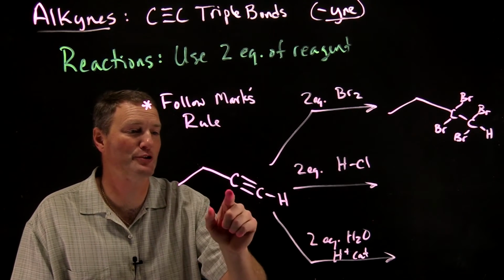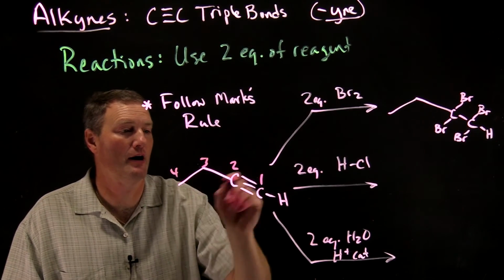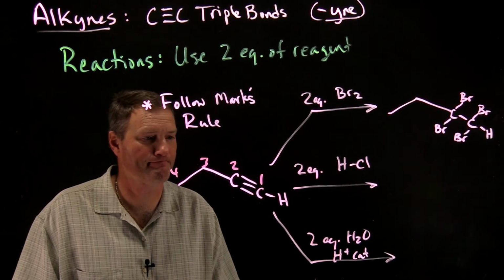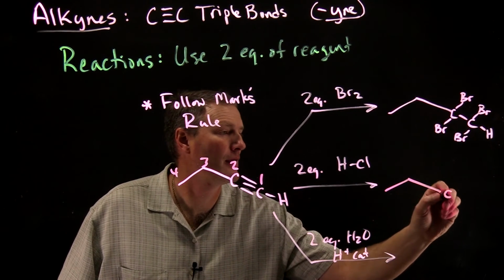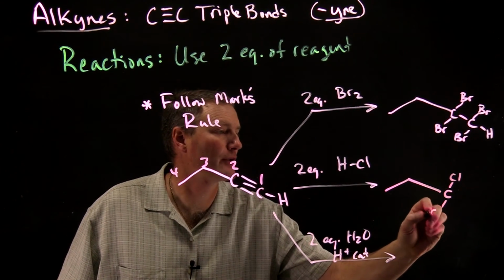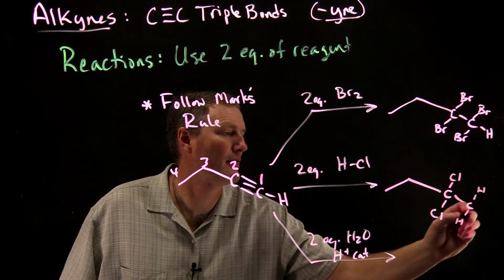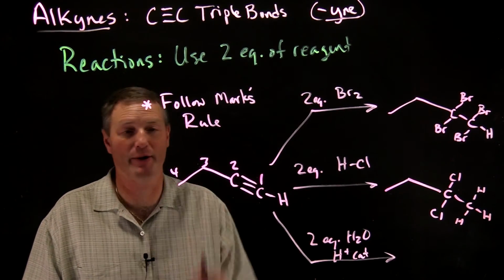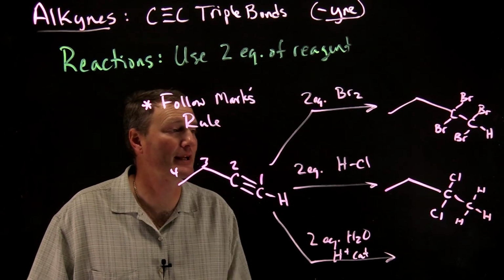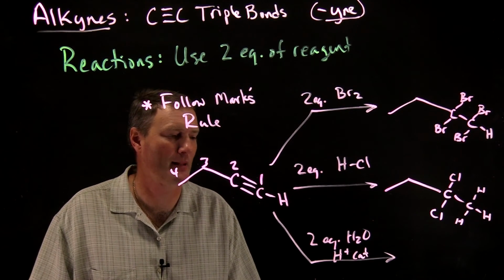So the X group should add to the 2 position of our 1-butyne. Let's draw out the structure then. In this case, my chlorines are both going to add to the carbon that is more substituted in my original compound. So I would end up getting 2,2-dichlorobutane as my product.